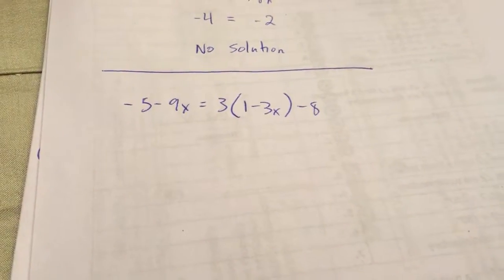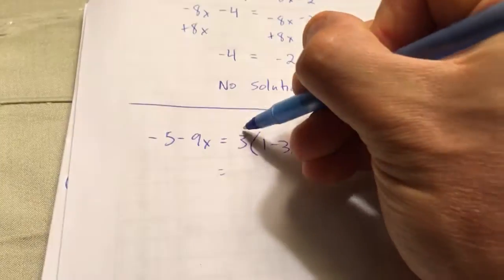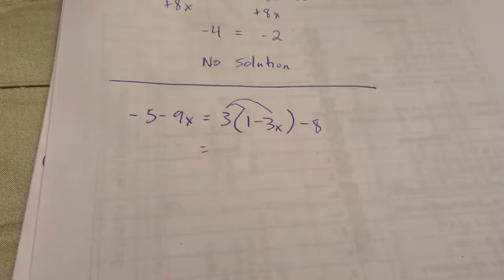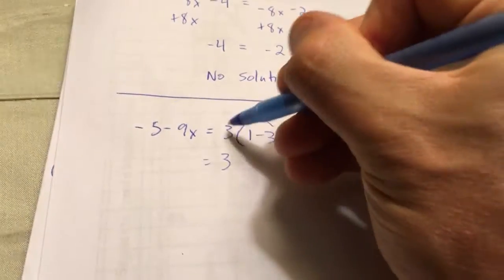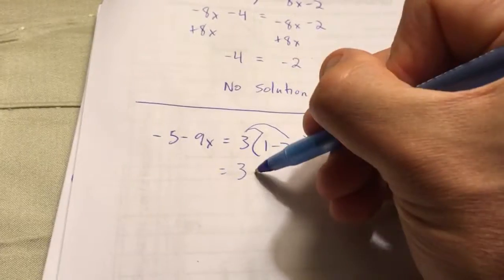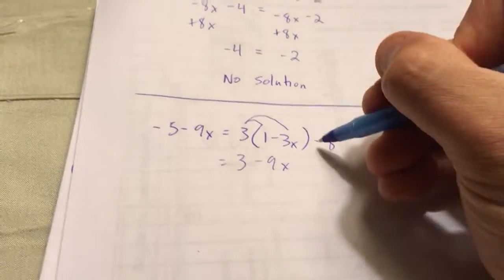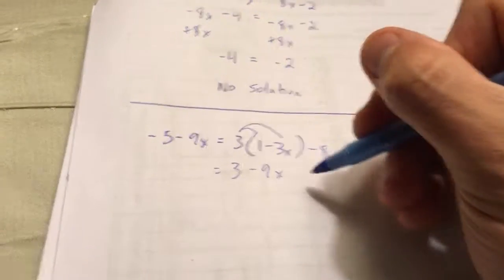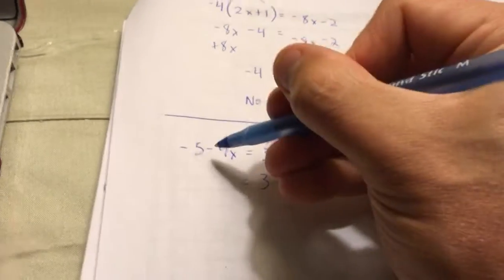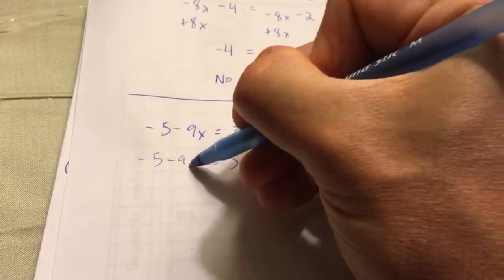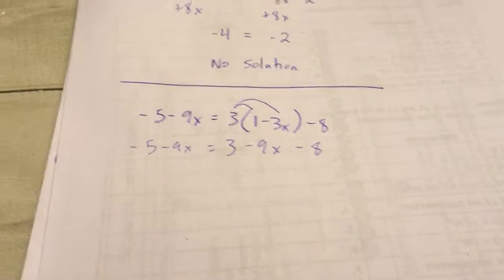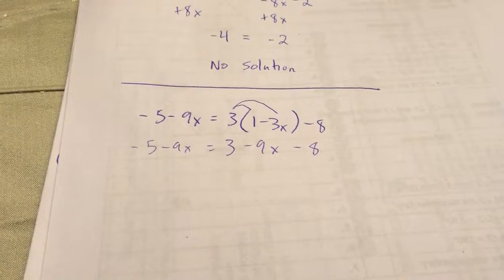Distribute. So we distribute this 3 into the 1 and the -3x. So it turns into 3. 3 times 1 is 3. And 3 times -3x is minus 9x. And then this minus 8 just comes down. So we still have -5 minus 9x right there.